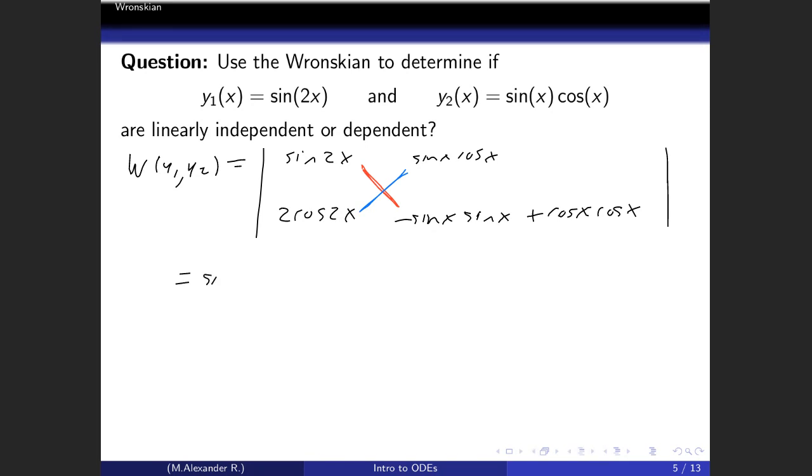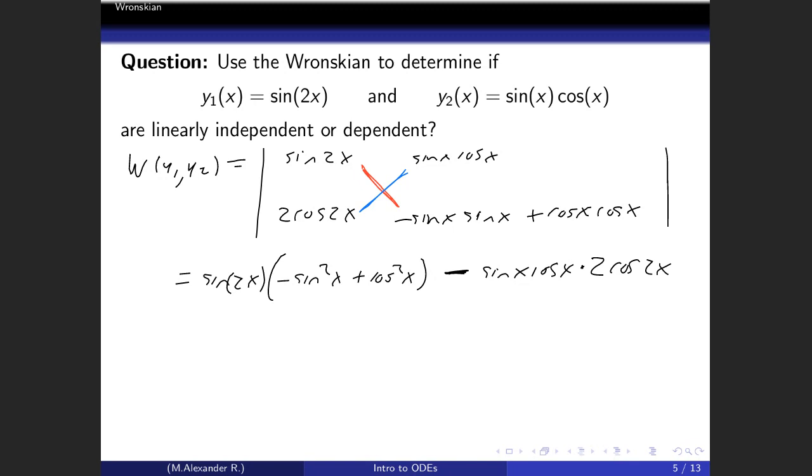Then I'll get sine 2x multiplied by negative sine square x plus cosine square x, and then there's a minus sign. Now we're going to multiply sine x cosine x by 2 cosine 2x.